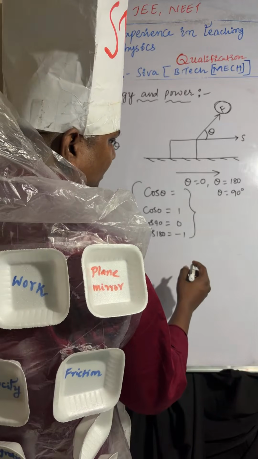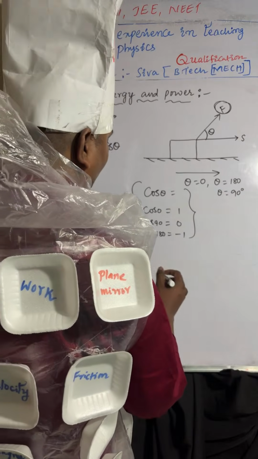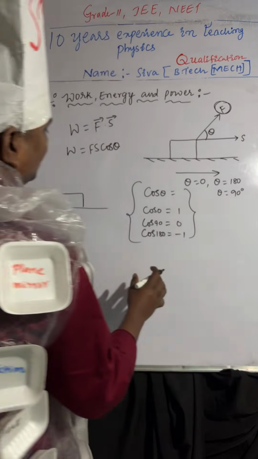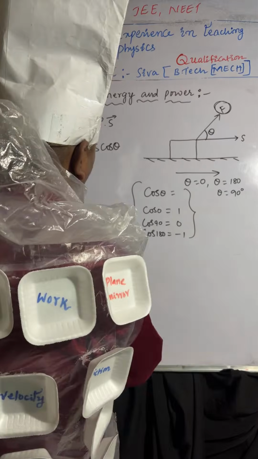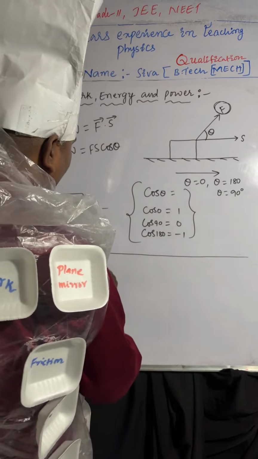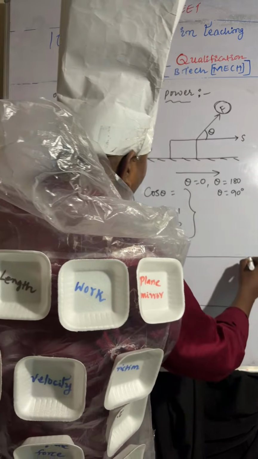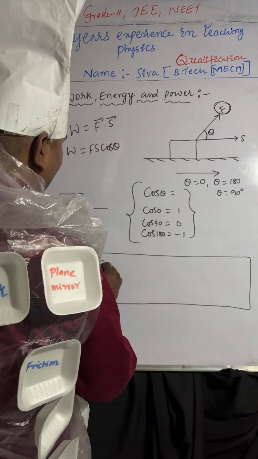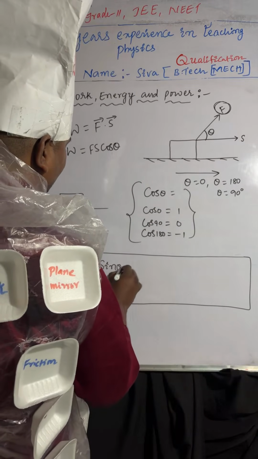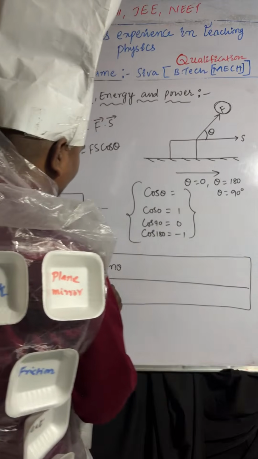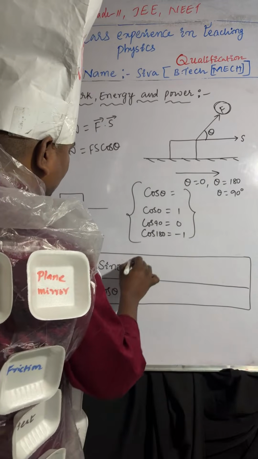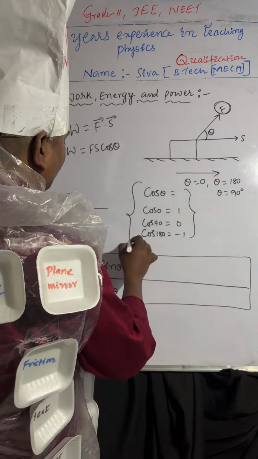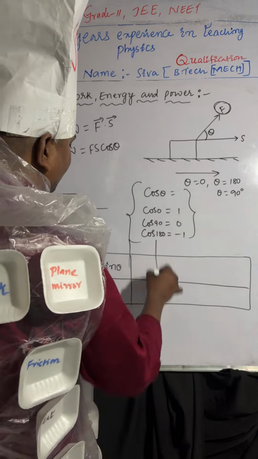Now you can observe, I will teach a small technique. We know sin theta and cos theta. If you want to remember them in an easy way, this is the technique.